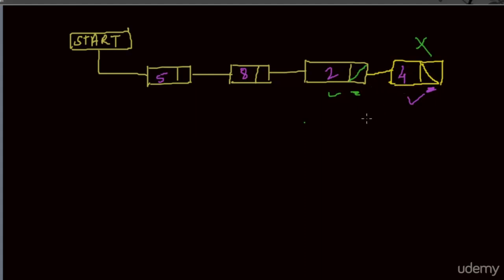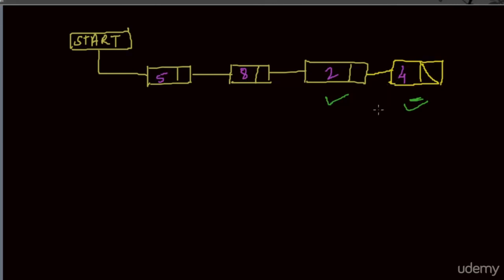Let's try to understand how we can do it programmatically. I will clarify it a bit. In order to delete this particular node, we would require a pointer which is pointing to this node, as well as a pointer which is pointing to the previous node. Now, why are two pointers required? That would be a genuine question.